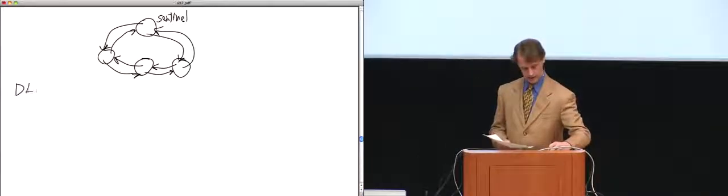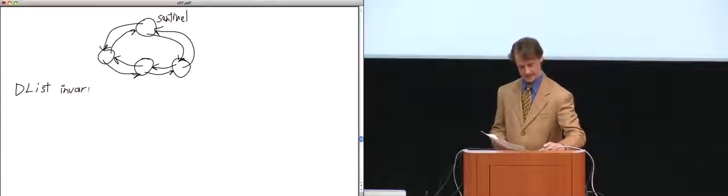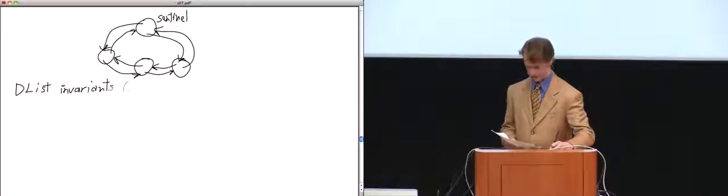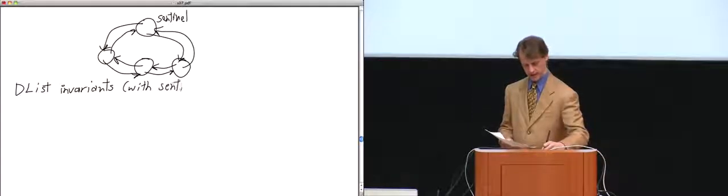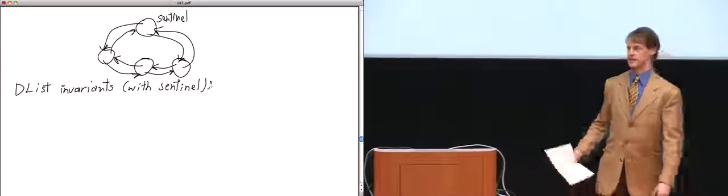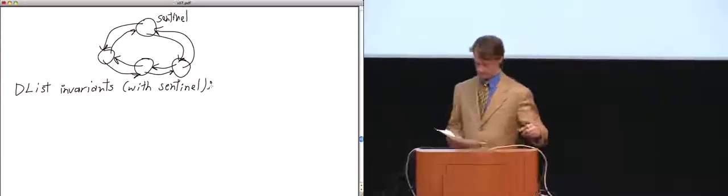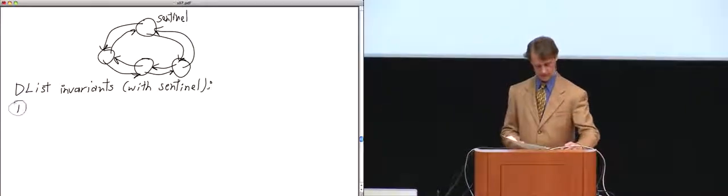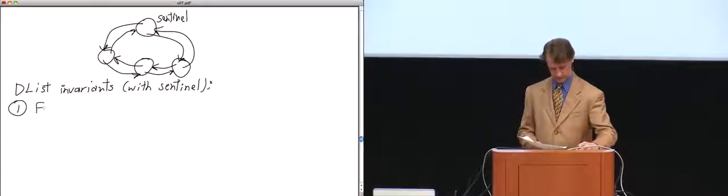Now, a doubly linked list has a more complicated and interesting set of invariants. And these are the invariants with sentinel. You would have different invariants if you don't use a sentinel. But it has a more interesting set of invariants than the S-list because there's more going on. So what are the invariants we want to enforce in a D-list?